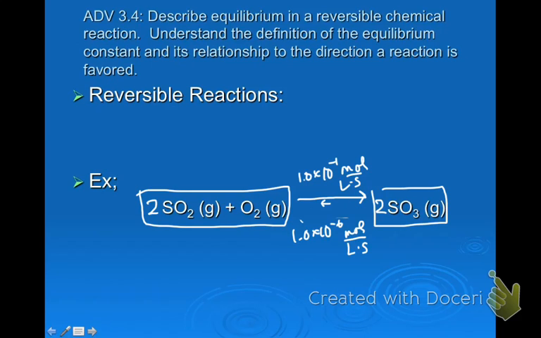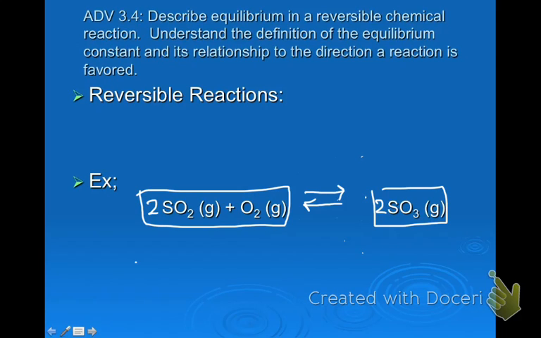So what's going to happen eventually, remember that the initial rate is going to slow down with time. So this arrow is going to shrink over time. As that big arrow shrinks, as it slows down, as SO2 and O2 are used up, the rate of SO3 decomposition might speed up to a point where eventually the forward and backwards reactions are going to take place at the same rate.